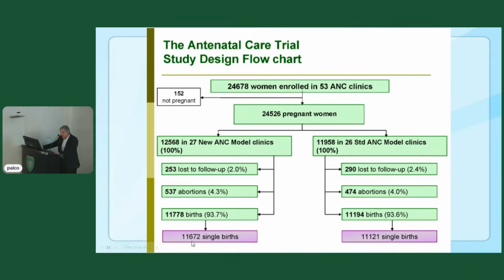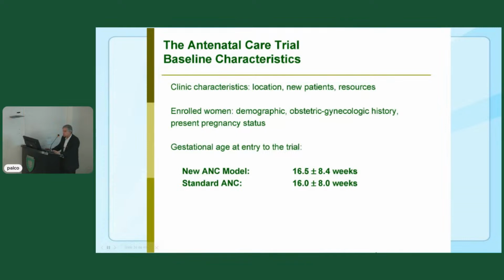So you have 11,672 single births in this group of clinics, the clusters, and 11,121 single births in the other group. So clinic characteristics, location, new patient resources, enrolled women, demographic, obstetric, gynecologic history, present pregnancy status, gestational age at entry to the trial.